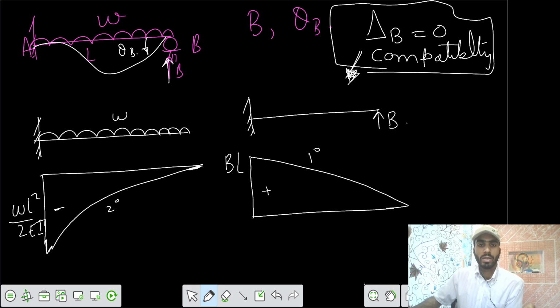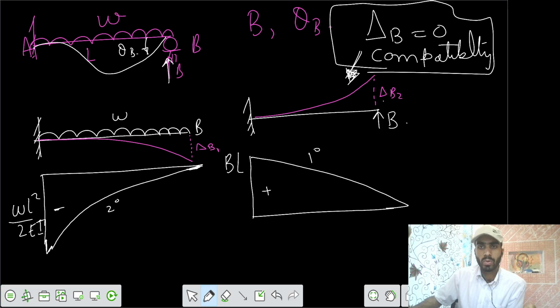And finally, you have to make sure that at point B, deflection has to be 0. Let's say because of this it deflects downwards by an amount we can write as delta B1, and this one goes upwards by delta B2.